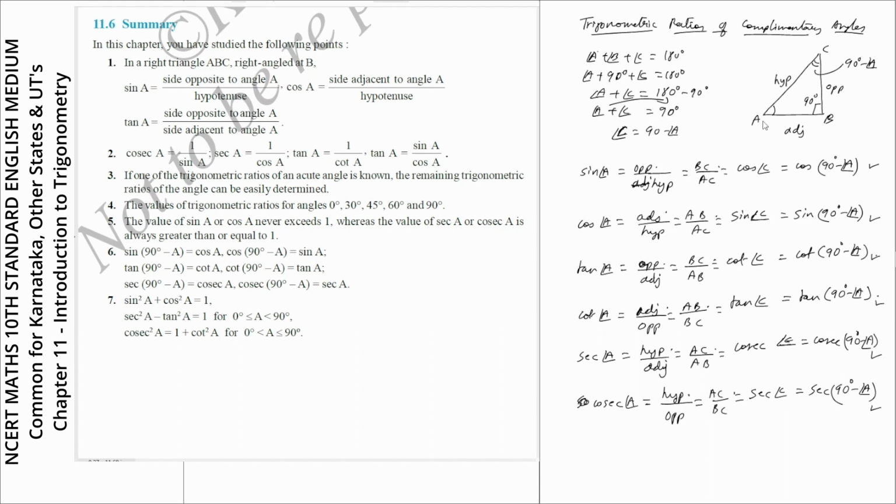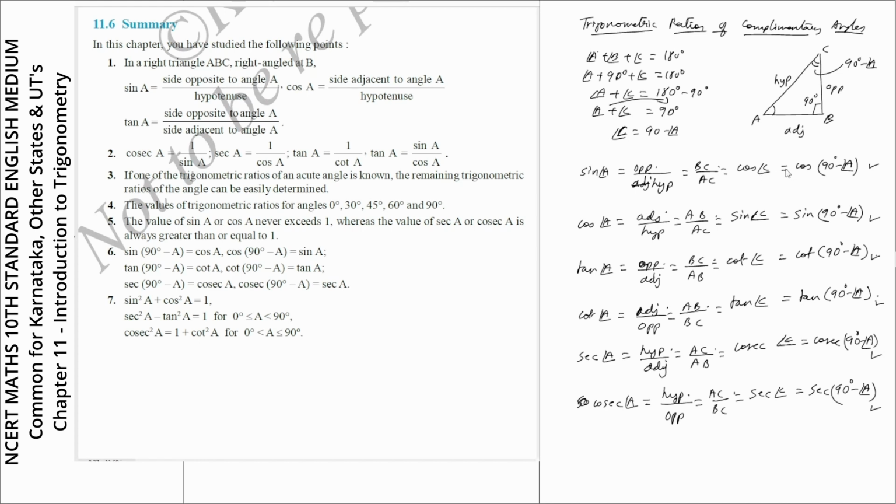So that's why we call angle A and angle C complementary angles. Now sin A is equal to opposite by hypotenuse, that is BC by AC. BC by AC is also equal to cos of angle C. Sin of angle A is also equal to cos of angle C.